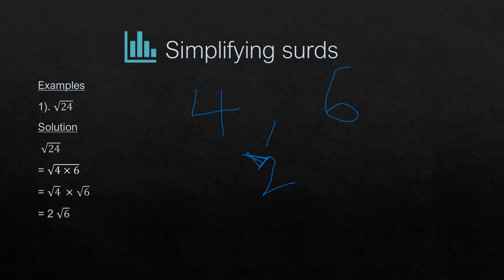Simplifying it gradually, what do we get? 2 times the square root of 6. This cannot be simplified further because no factor of 6 is a perfect square. Examine 2 and 3, none of them is a perfect square. 1 and 6, none of them. So this is the simplest form. Try to be simple in life.